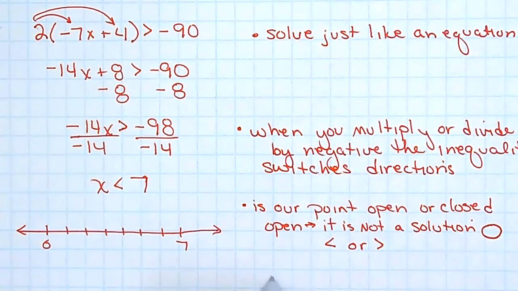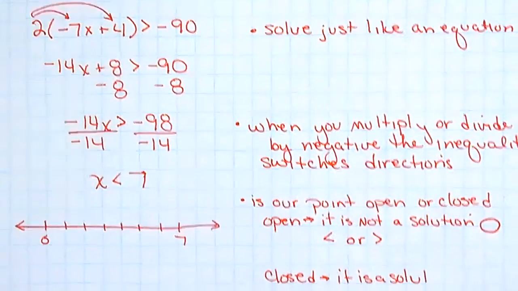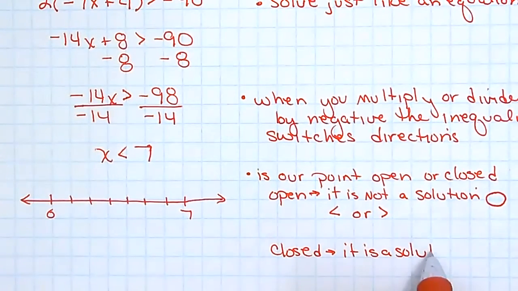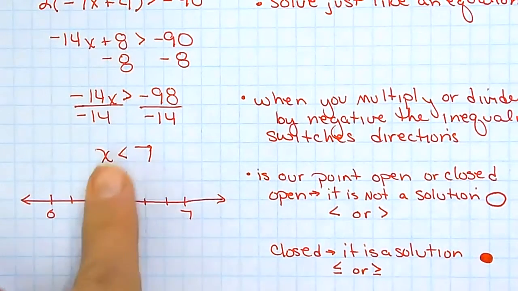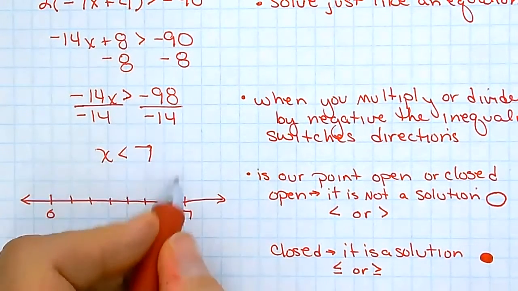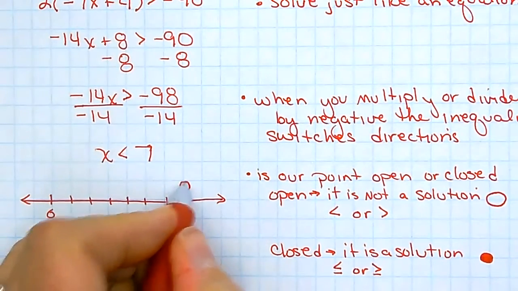If it is closed, it is a solution. And it would be less than or equal to or greater than or equal to, and it would be a filled in circle, like that. So look in here, because we have a less than, that means we have an open circle.